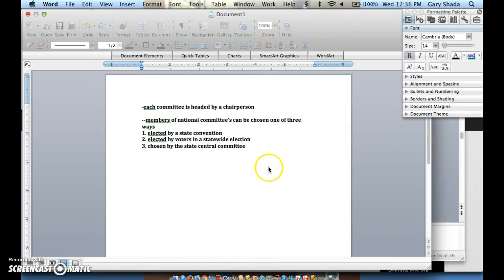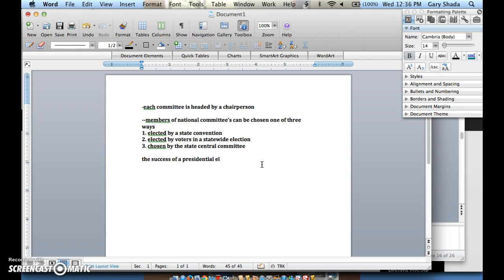And I want to stress that right here, that the success of a presidential election is based upon how successful the local committees are. You wouldn't think that the local committees would have a lot of say in success, but actually they are the ones that do.